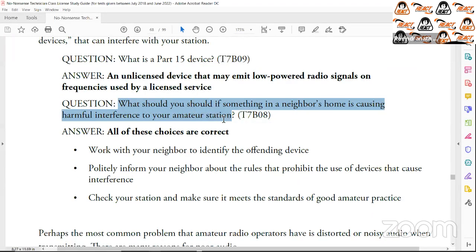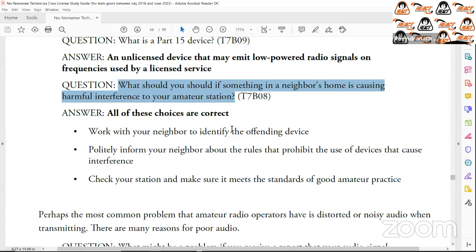What should you do if something in a neighbor's home is causing harmful interference to your amateur station? So we did have a slide of things that you can do, remedies, right? If you get interference from your neighbor, maybe from their Part 15 device.